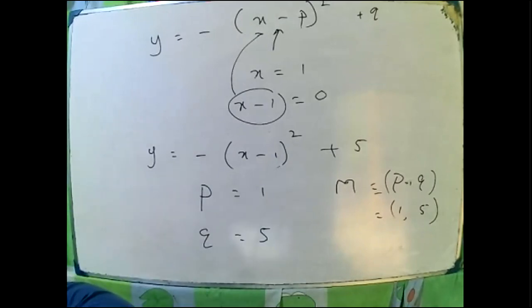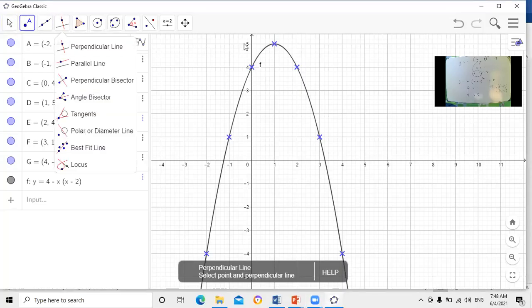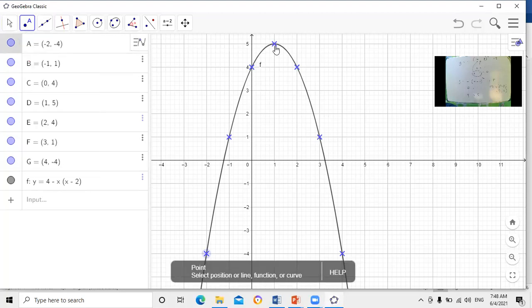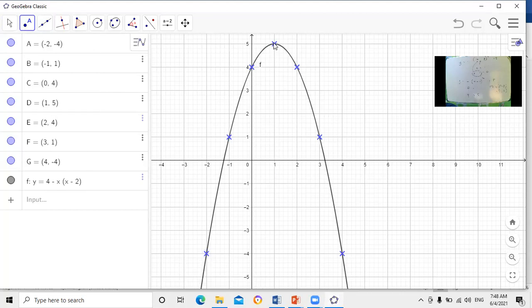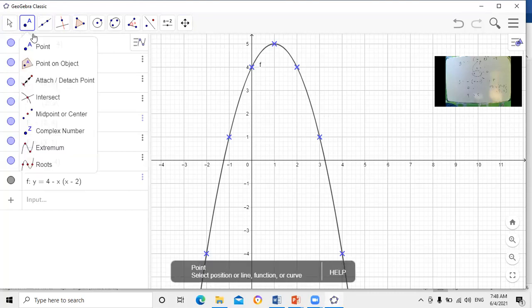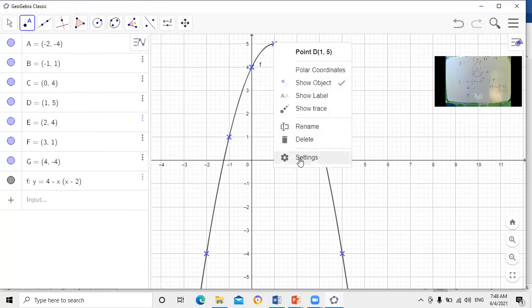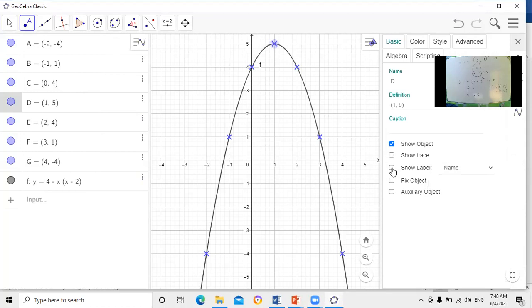Now in the graph, you can mark like this. See, this is the point. This point, right? So here x coordinate 1, y coordinate 5. So this point you have to mark as M, right?